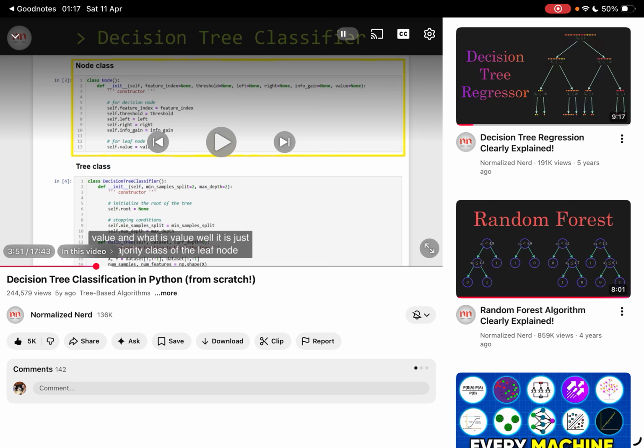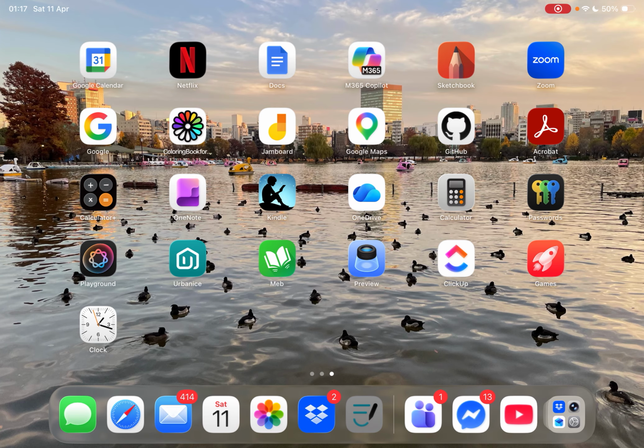What is good about this YouTube video is that he provides coding samples for both classification and regression, and you will see that they are pretty similar. The only differences are the operation done on the leaf node, and how the information gain and variance reduction are calculated. Okay, let's go back to our slides.